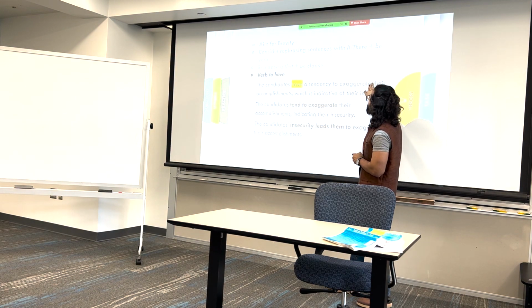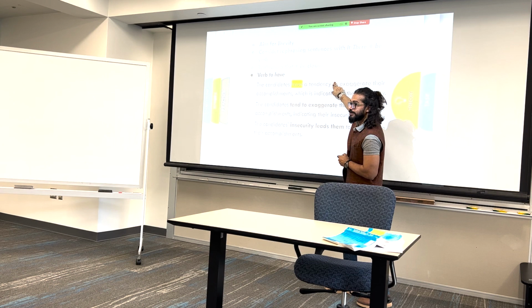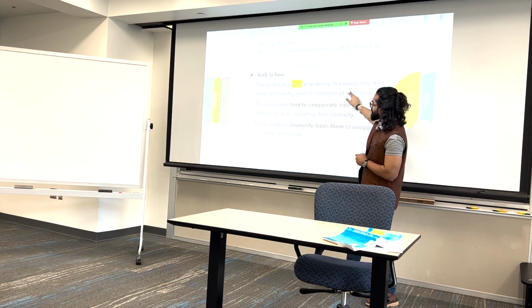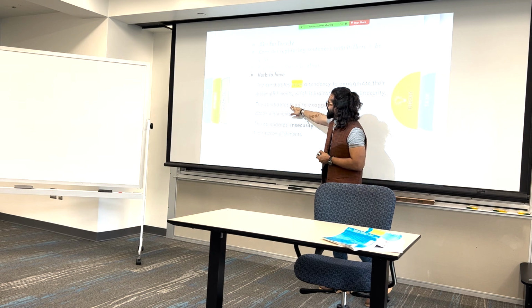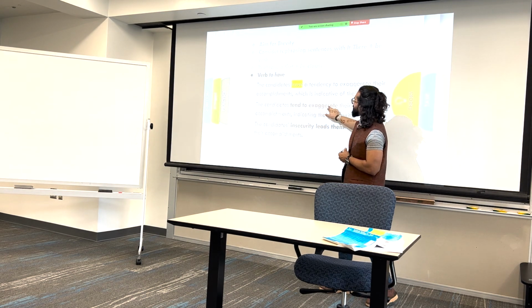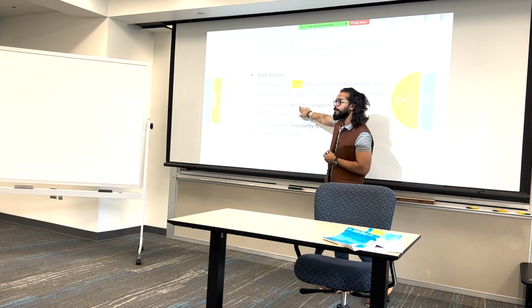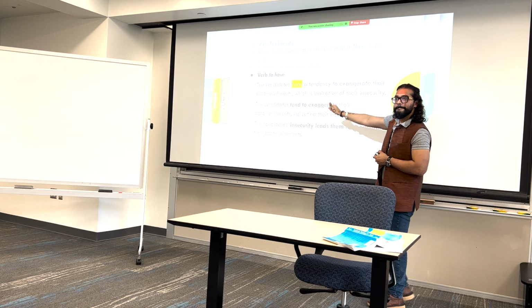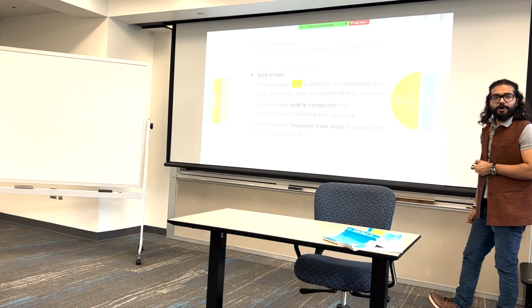This is called to plus verb, which is an infinitive. The candidates have a tendency to exaggerate. You can easily rewrite it: the candidates tend to exaggerate, by making tendency a verb. We don't need have. You got it?